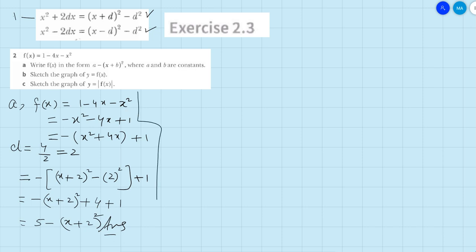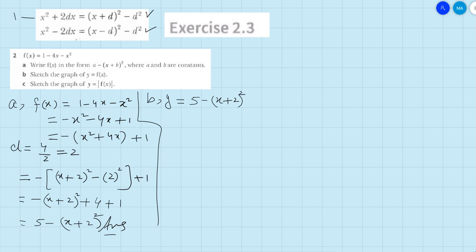Come to part B. Sketch the graph of y equals f(x). So our y is equal to 5, I am taking the help from part A, y equals 5 minus (x plus 2) whole square.